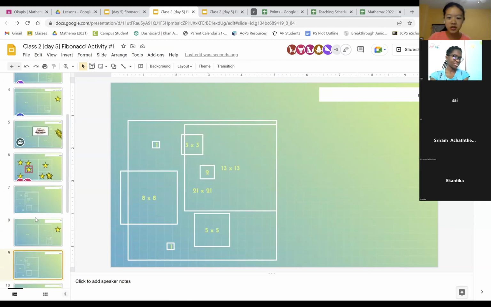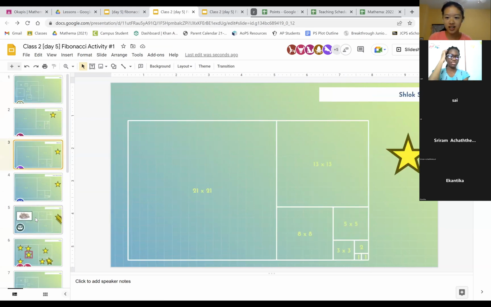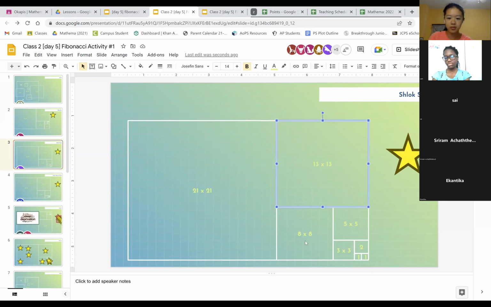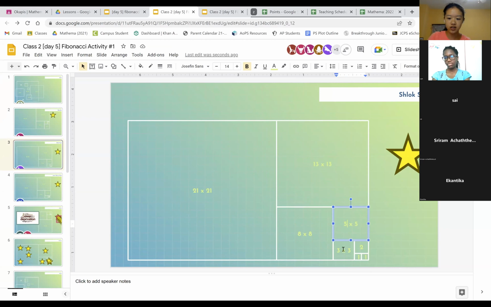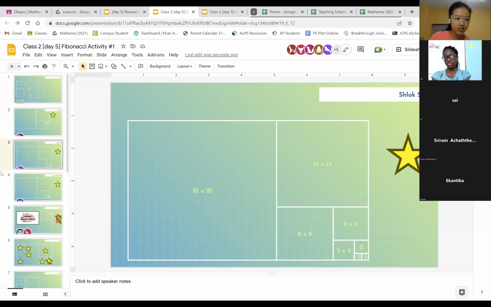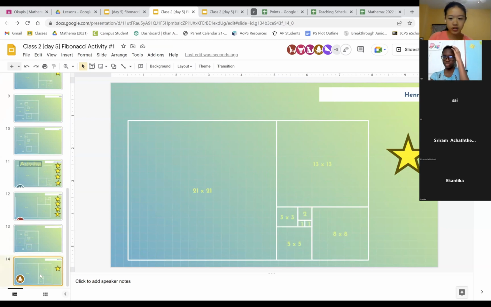Some people notice that in some rectangles, like Schloke's rectangle, all of the squares are moving down. The smallest squares are moving towards the bottom right of the rectangle, whereas in other rectangles, like Henry's, they're moving towards the center of the rectangle.